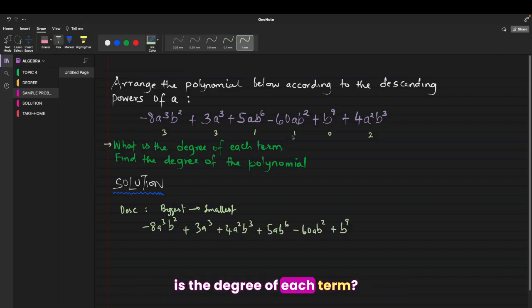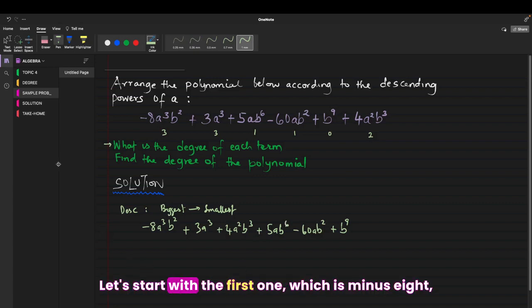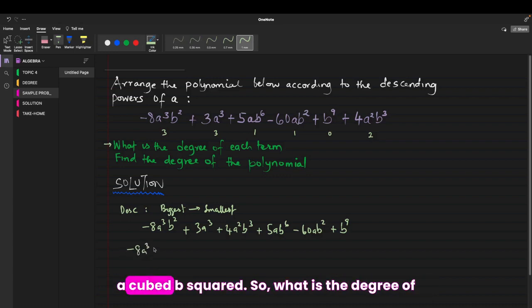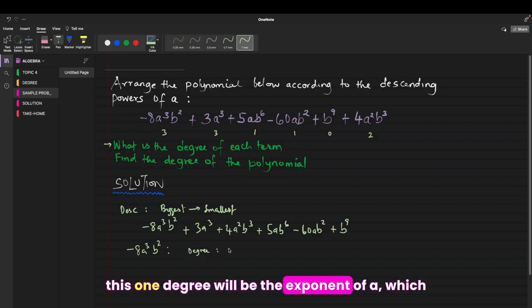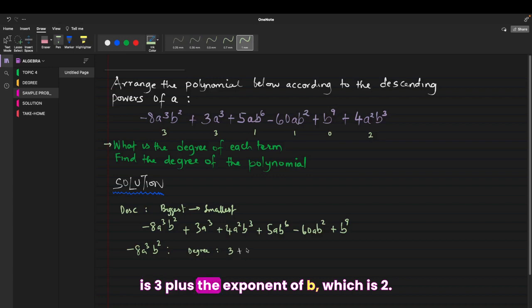What is the degree of each term? Each of these terms, you just need to look at them one after the other, right? Let's start with the first one, which is minus 8a cubed b squared. What is the degree of this one? The degree will be the exponent of a, which is 3, plus the exponent of b, which is 2.